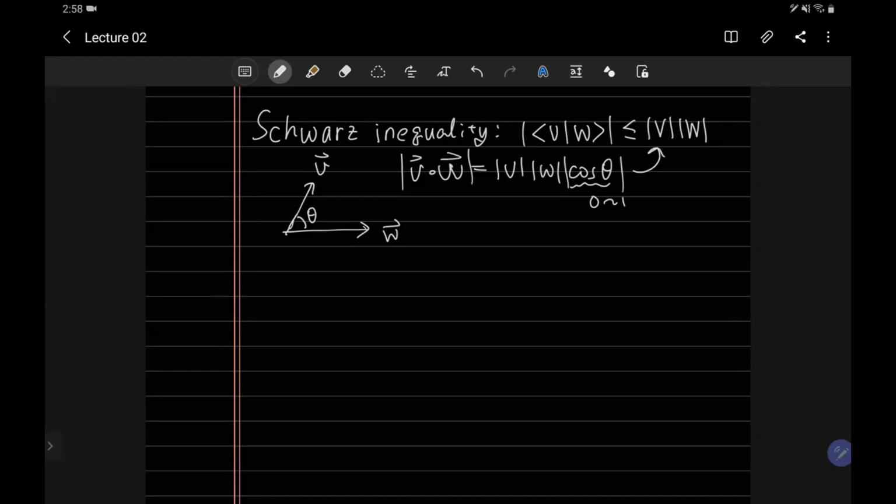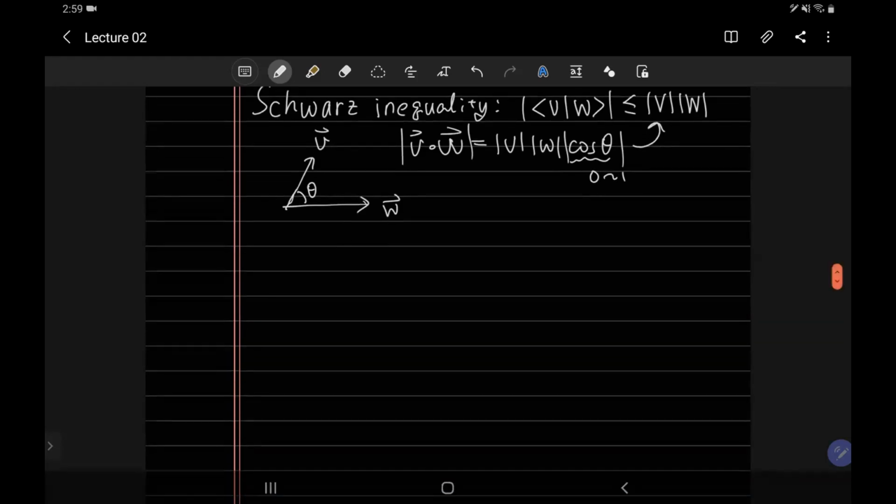Now, we no longer can use this intuitive concept because our definition of the vector is in the abstract linear vector space. So we cannot use any of these geometric concepts, but we should still prove this relation using only the definitions we obtained so far.